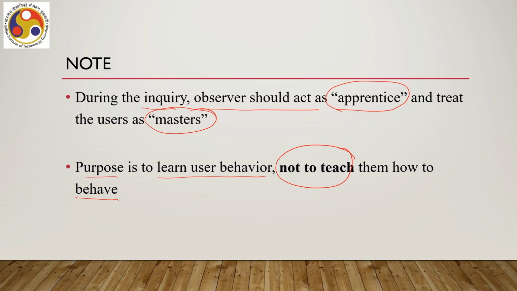We often get this behavioral trait that whenever somebody is doing something, we often get the urge to tell the user, okay, do not do it in this way, do it in that way, that will be better for you. That type of advisory is not desirable. In fact, these are prohibited when you are trying to perform a genuine contextual inquiry.